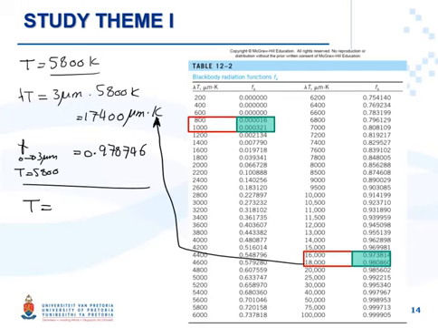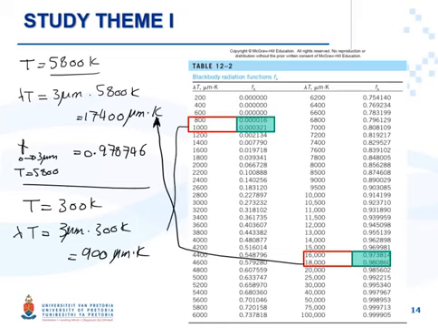Okay, and again we need these numbers from the table. For T equal to 300 Kelvin, lambda T will be 3 micrometer multiplied by 300 Kelvin. It will be 900 micrometer Kelvin.